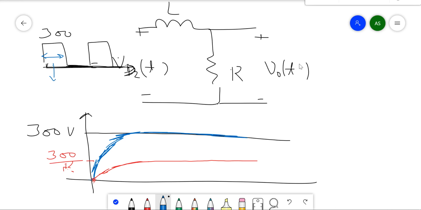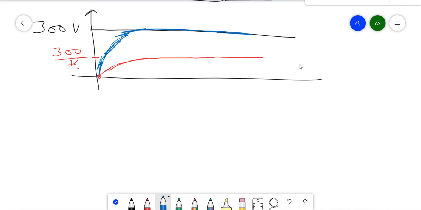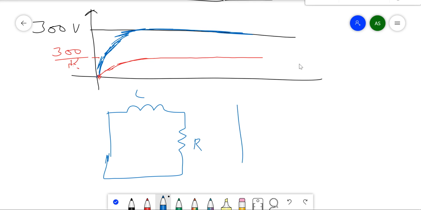And similarly, when this voltage is 0, that means there is a short circuit. 0 means short. So the L and R will be connected like this. When your VD2 is equal to 0, there will be some initial current, so the current will decay like this.